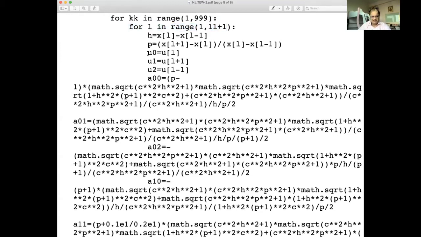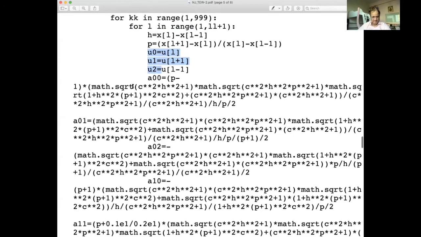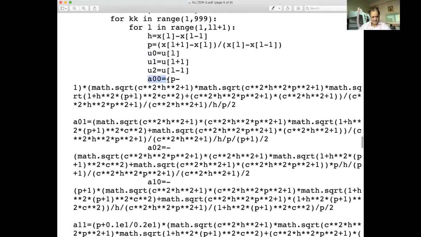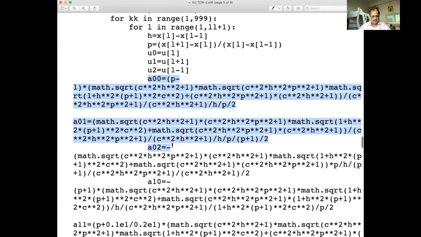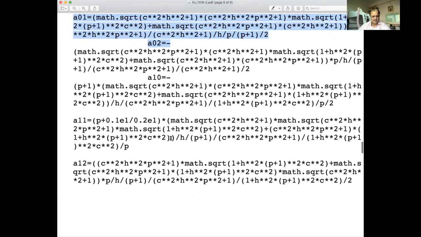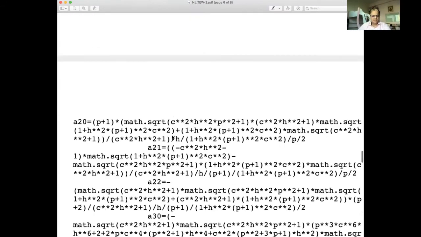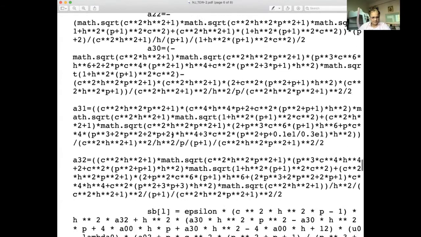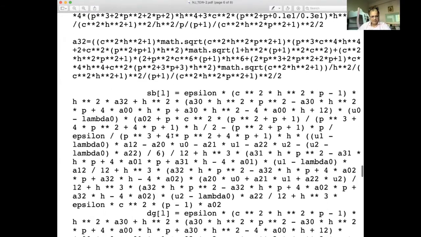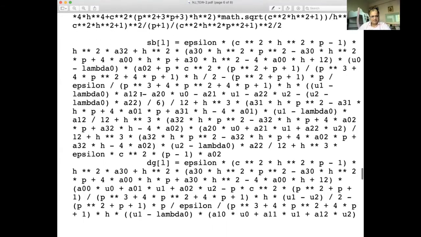And here H, U0, U1, U2 is defined. All these weights are exactly the same as here. I am going to move to this step.